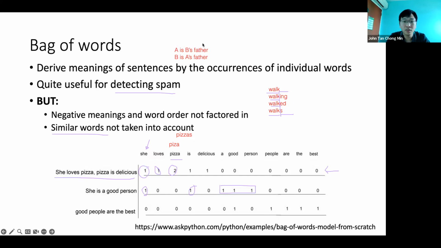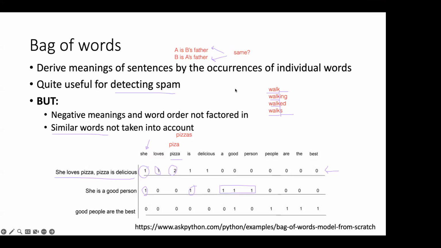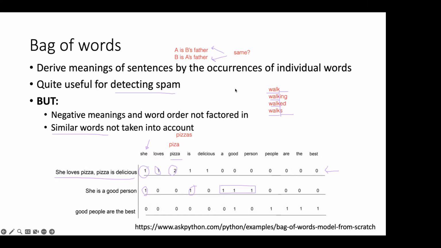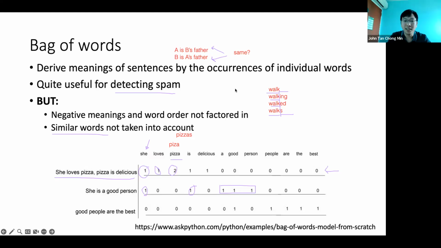Anyone? If I rotate the order of the words, is the meaning of the sentence the same? No. Yep, the answer is no, because if we change the order, A is B's father and B is A's father actually mean different things.